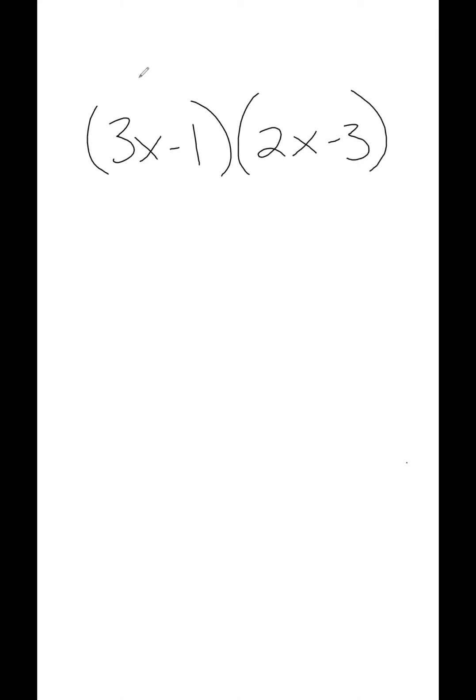So I'm going to do, I guess, one more. And this is very much like question 1 on your assignment 4. So we have 3x minus 1, and then 2x minus 3. I think they're all like the ones on number 1. Hopefully this is helping you guys.